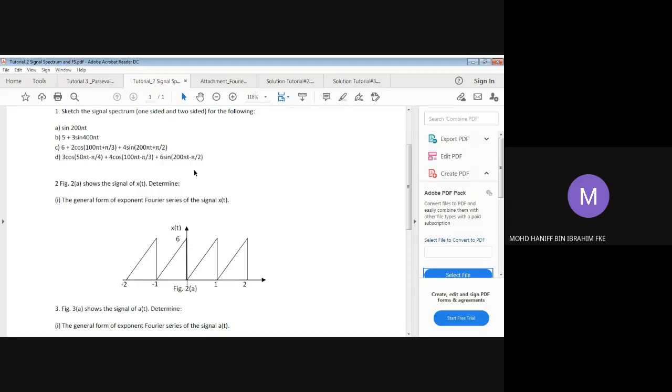To change from sine to cosine, simply we have cos of 200 pi t minus pi over 2. Okay, minus pi over 2 supposedly. This is based on these equations. Let me write it for you then.